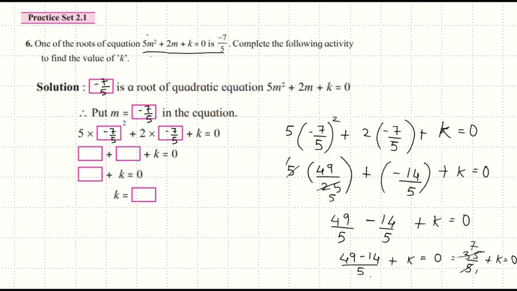So here it will come as 49 upon 5 minus 14 upon 5 plus k is equal to 0, which is 7 plus k is equal to 0. Therefore, k is equal to, if the 7 comes to the right hand side, it will be minus 7. So the final answer is k is equal to minus 7.